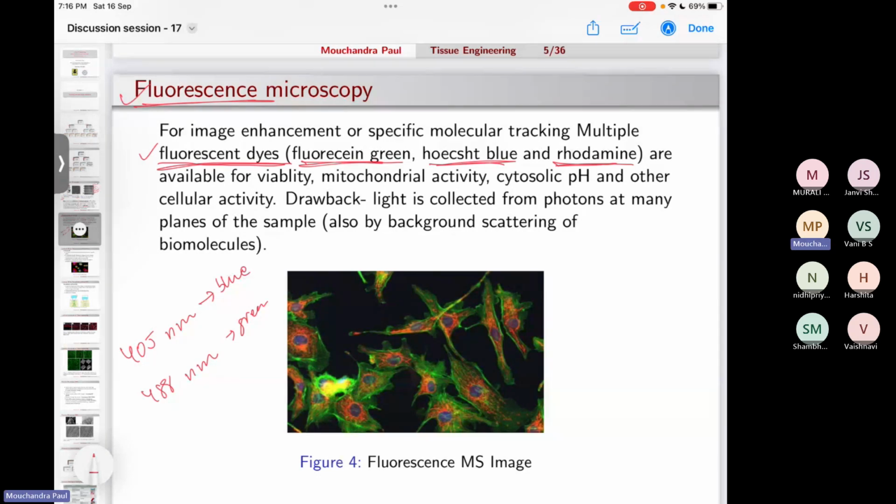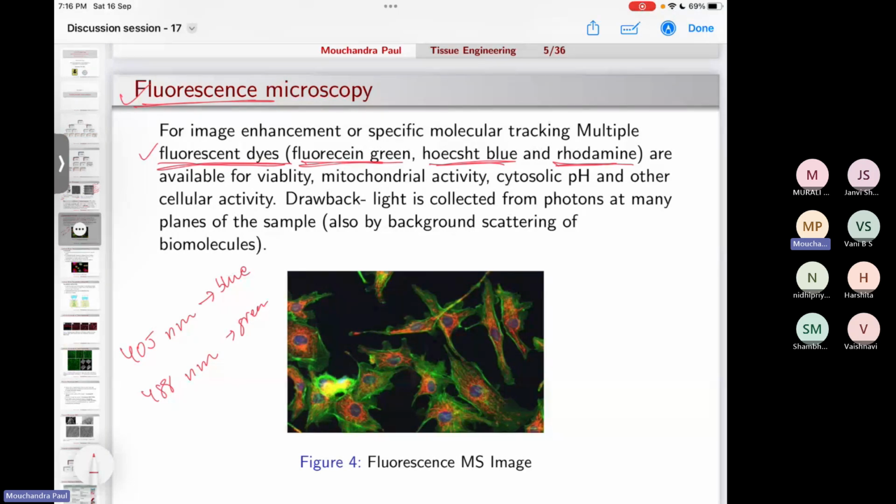At that wavelength, your fluorescent dye will get excited. The electrons will move to a higher energy band level, because of which, when it comes back to ground state, it will give some emission.